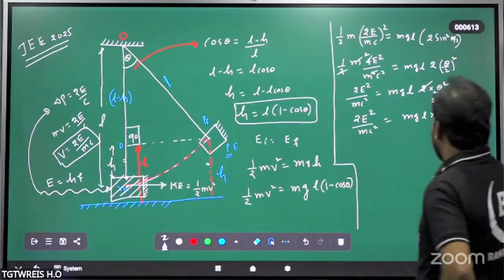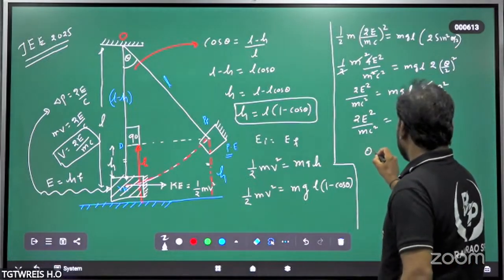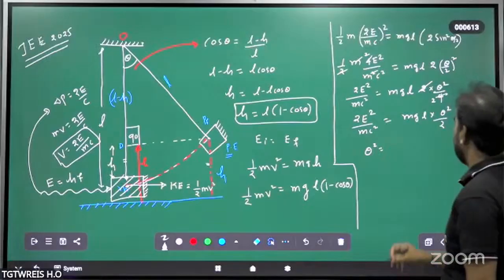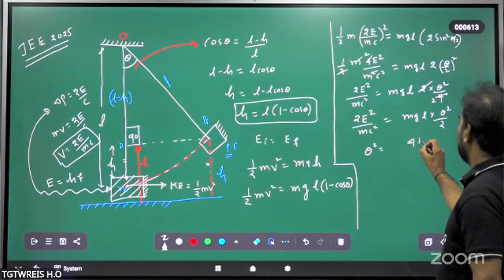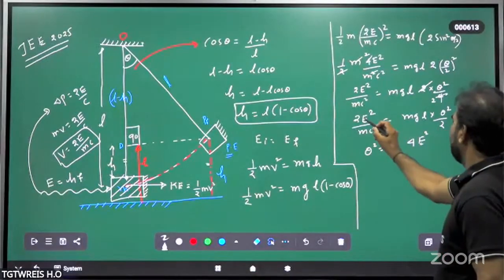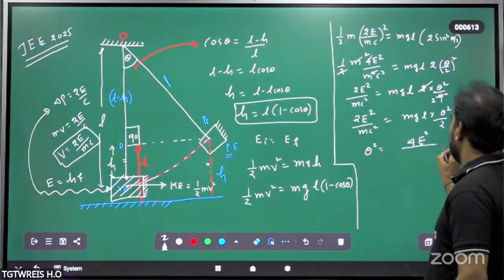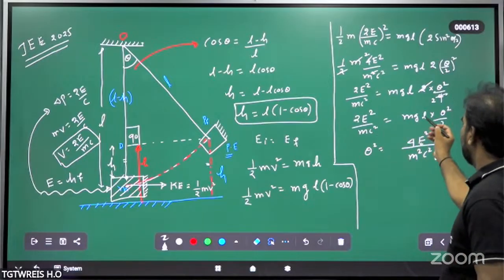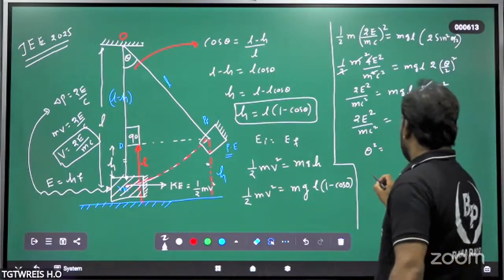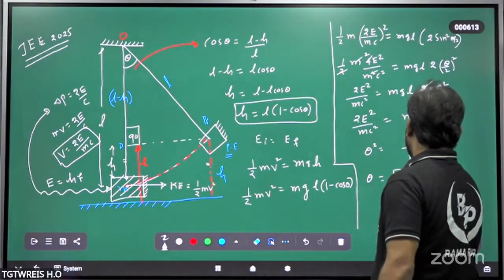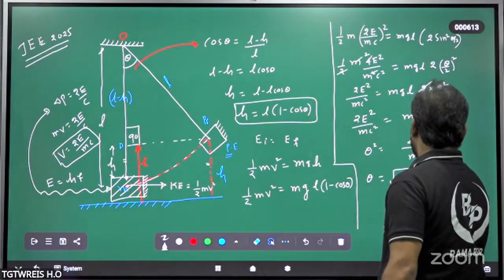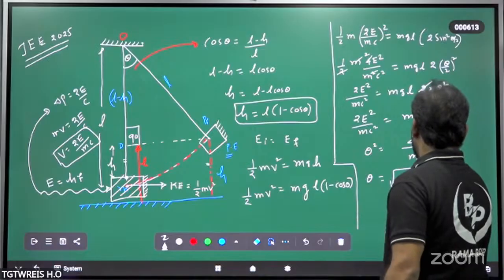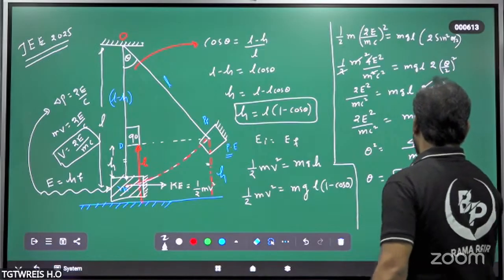See here, theta square is equal to 4E square upon m square c square into gl. Therefore, theta would be equal to root over 4E square upon m square c square into gl.